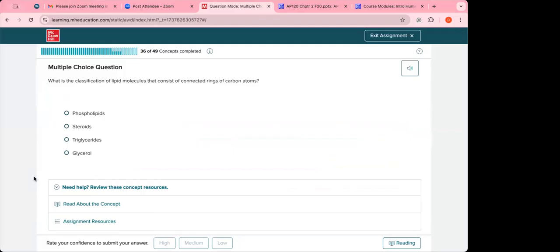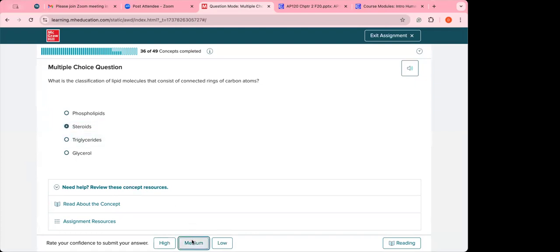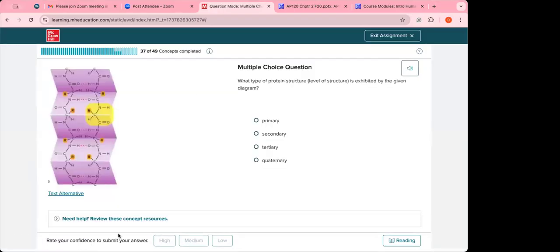Okay. What is the class of it? Okay, so what is the class that have rings? You remember? Yeah, steroids. Good job. Steroids have rings of carbon.